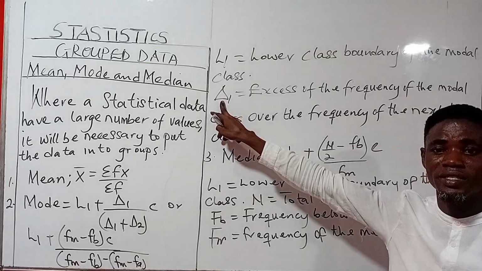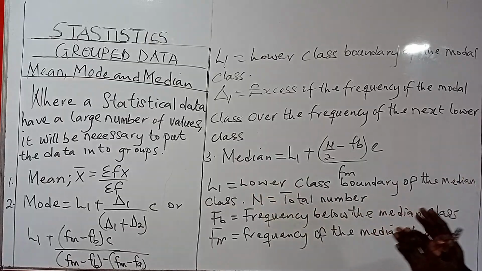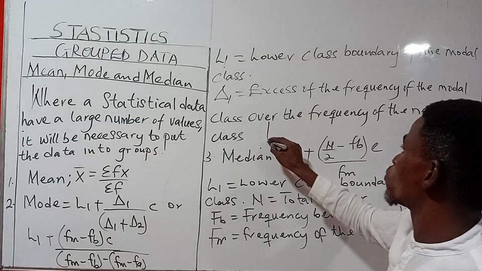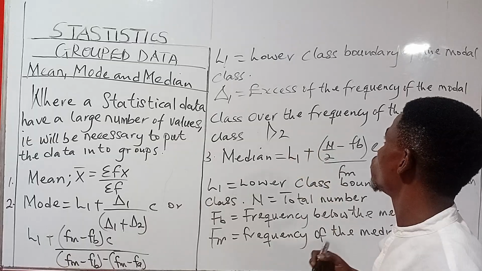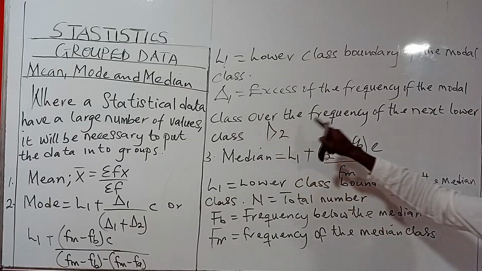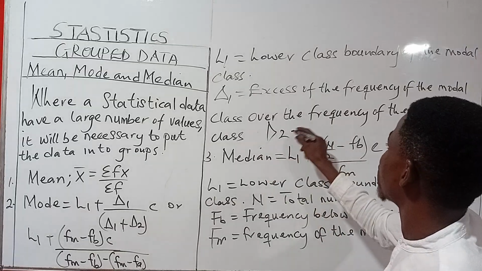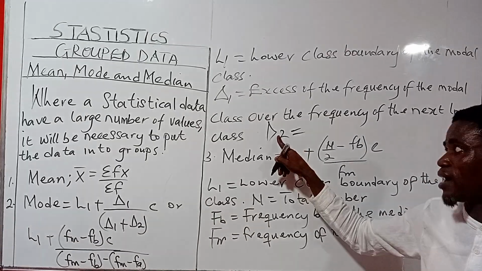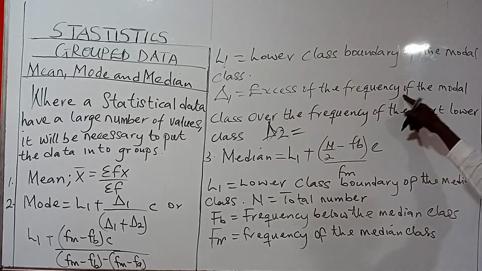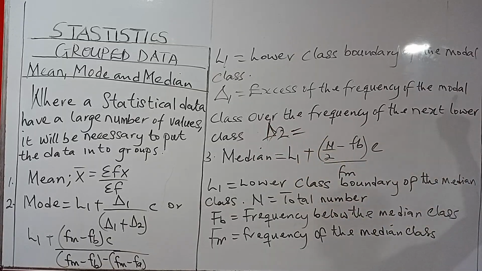Then delta 2 is the excess of the frequency of the modal class over the frequency of the next upper class.